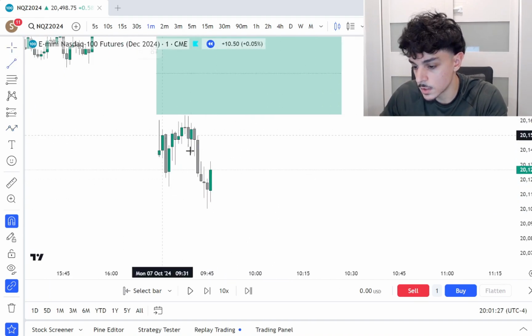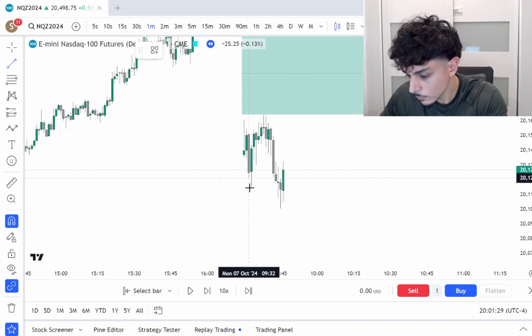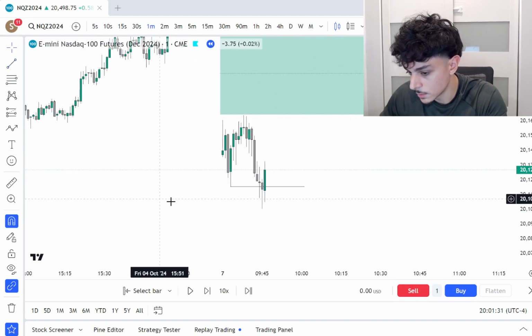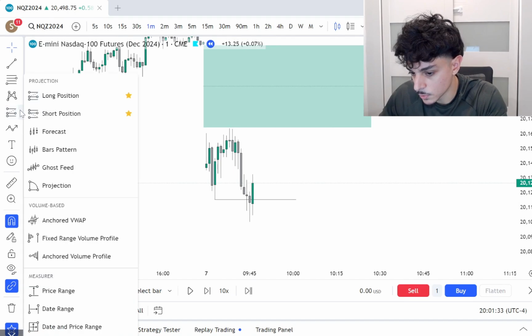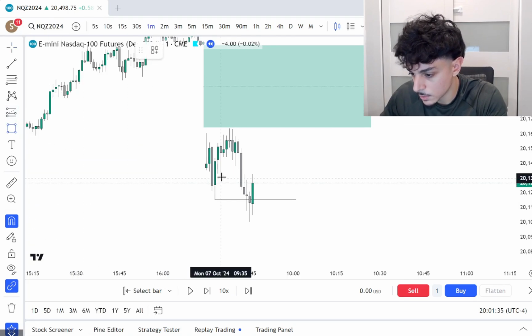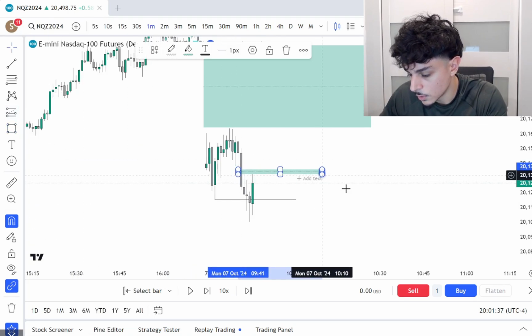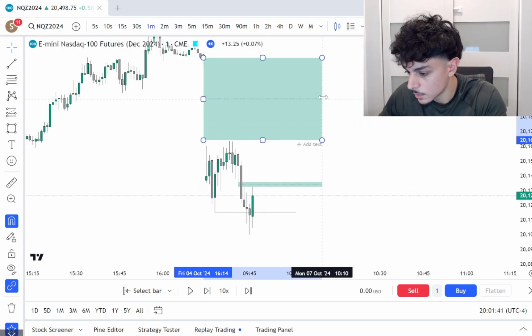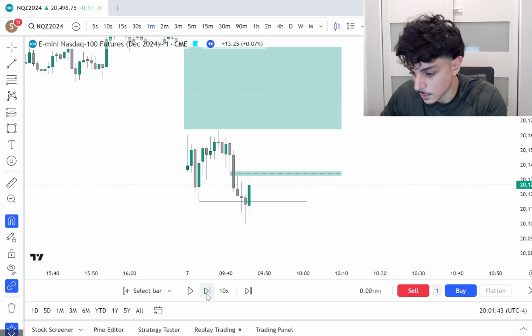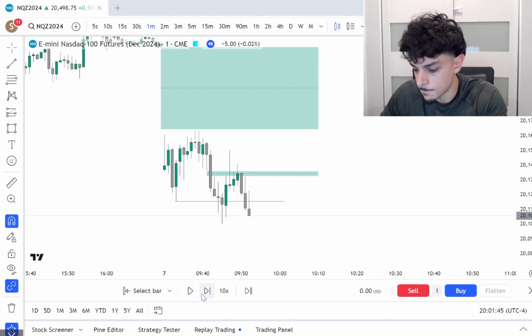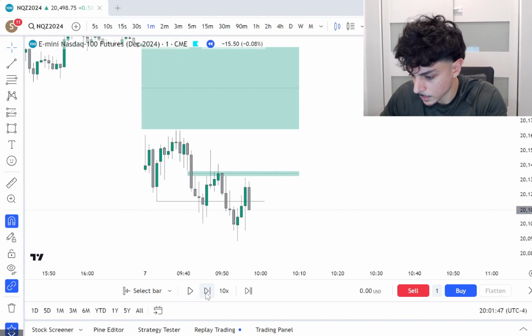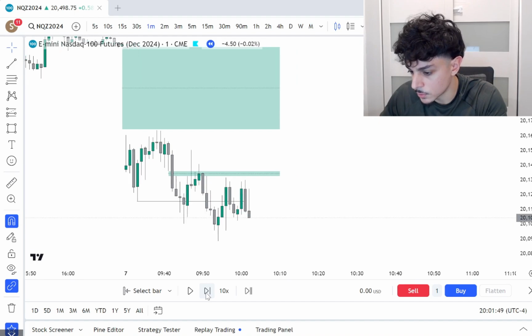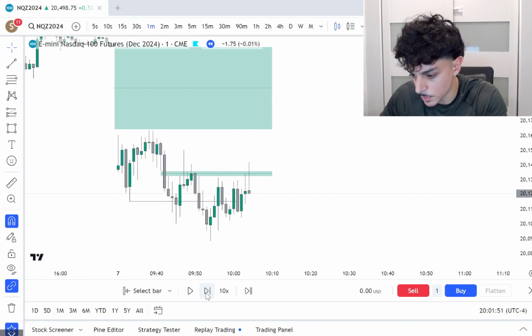So right here you see we have a sweep of internal sell side and we have an internal gap here on the 1-minute chart. Not a big gap, not necessarily a gap that I would trade and like, but it's really for you guys to understand how to frame your bias using the opening range gap here.